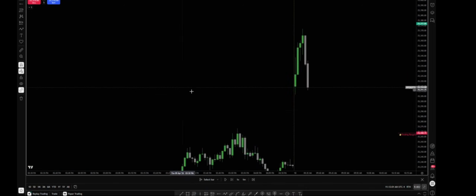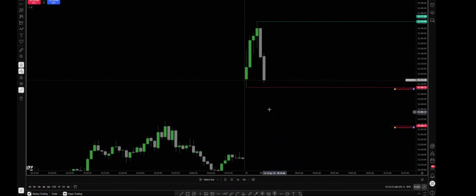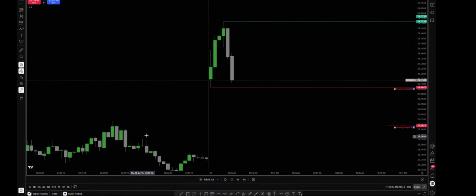When 9:30 started, this is your New York session range, sell side and buy side. I'm on 1 minute. Okay, no worries. So market was pushing higher and took the sell side.